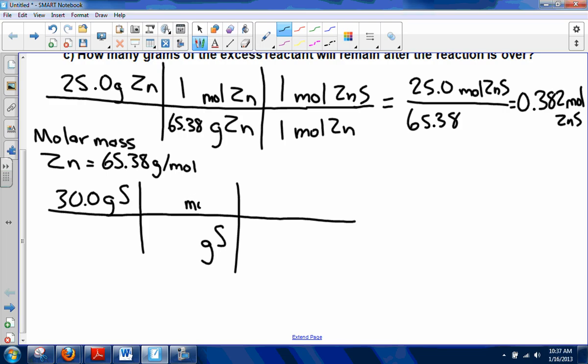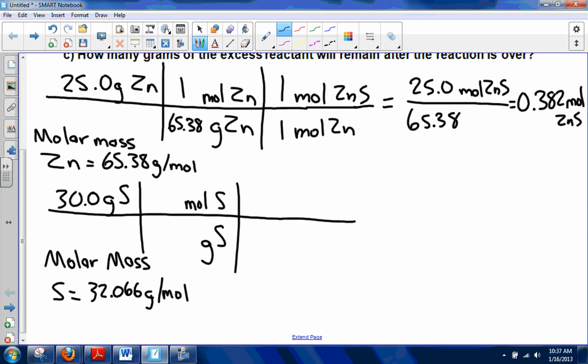So I'm going to put moles of sulfur on top. I'm going to calculate the molar mass of sulfur, which is pretty easy because it's on the periodic table. Molar mass of sulfur from the periodic table is 32.066 grams per mole. Since the 32.066 is touching the grams, I put it next to the grams.